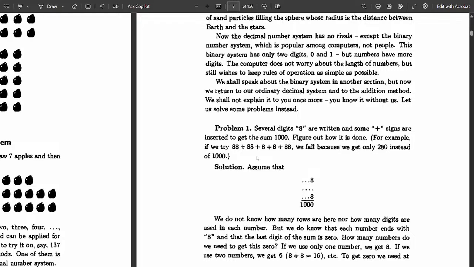If we first try 8n equals 1000 and try to find the value of n, let me grab paper. 8n equals 1000, so n is going to be 500 by 4, 250 by 2, 125.